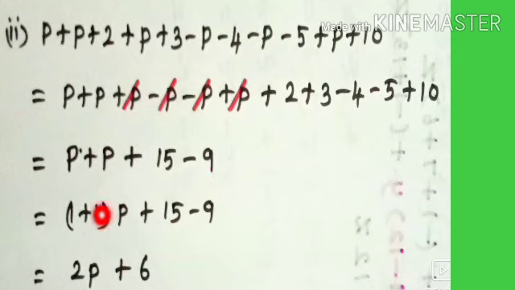So in the next step, p plus p. To add two algebraic terms of p, we have to add the coefficients. The coefficient of p is 1 and the coefficient of the other p is again 1. So 1 plus 1 p plus 15 minus 9. So in the next step, 1 plus 1 is 2p and 15 minus 9 is 6.